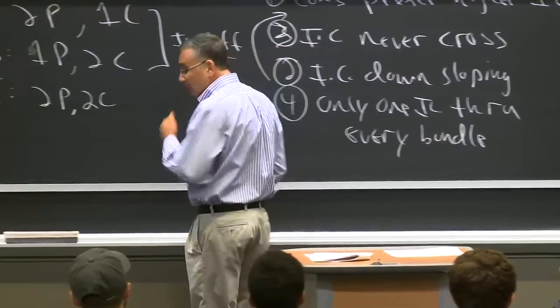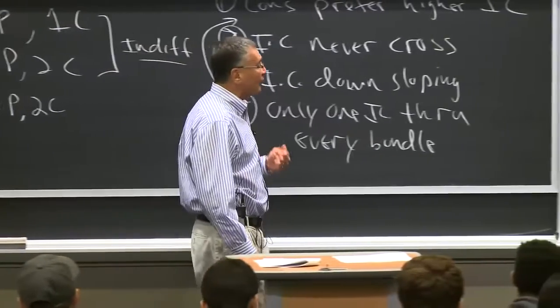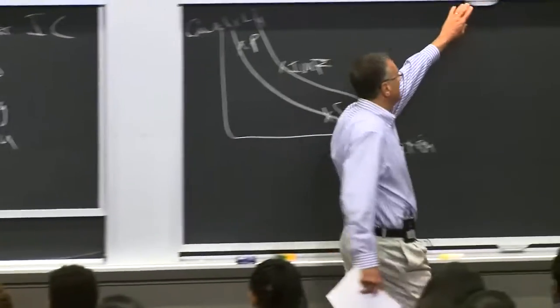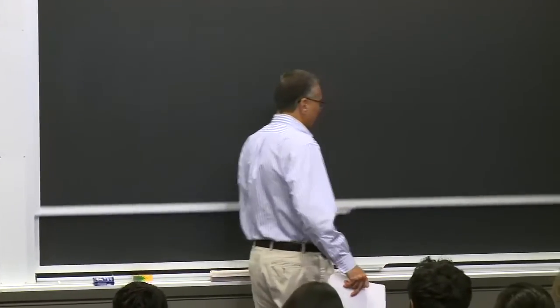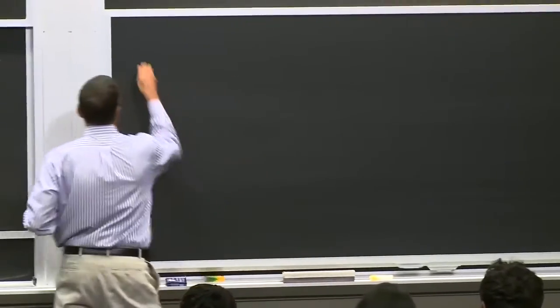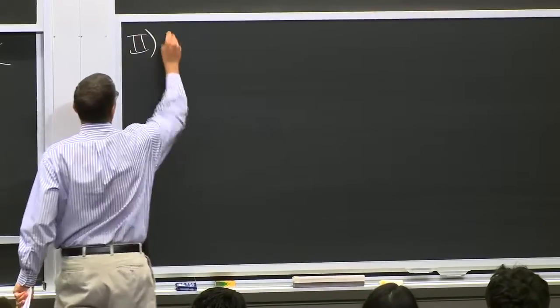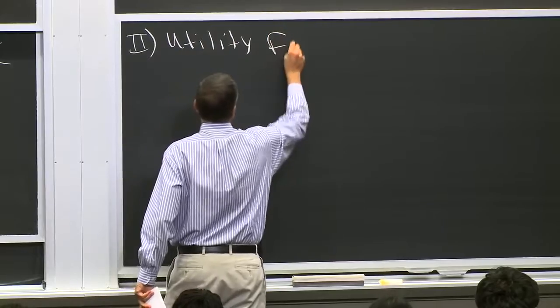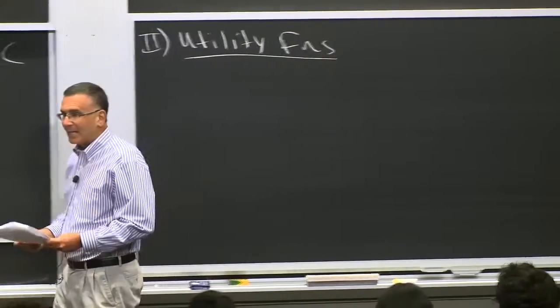So now let's go from preferences to utility functions. We're going to move from preferences, which we represent graphically, to utility functions, which we're going to represent mathematically.